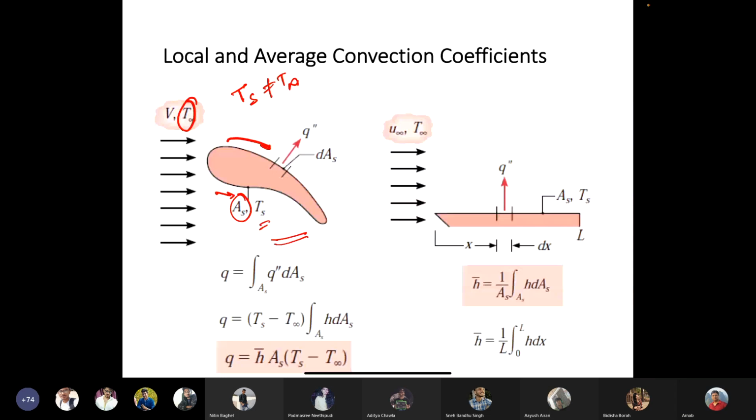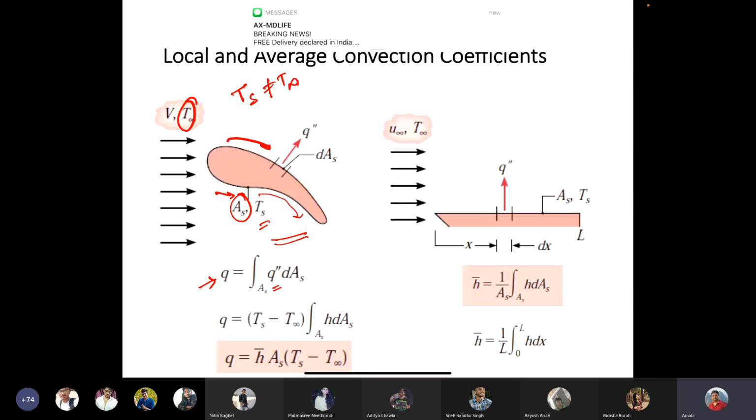Okay, so in that case, if it changes along the surface, then the total heat transfer rate, which is Q, we can get by integrating the local heat flux over the entire surface.